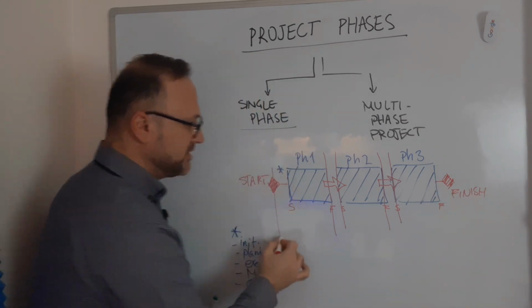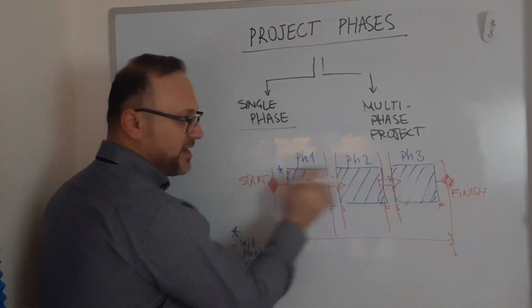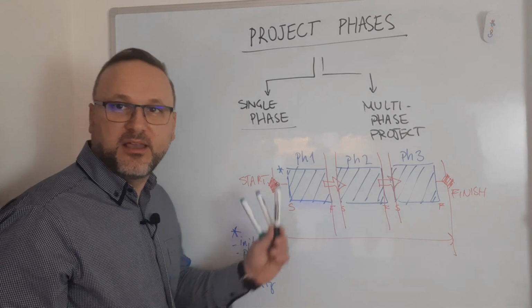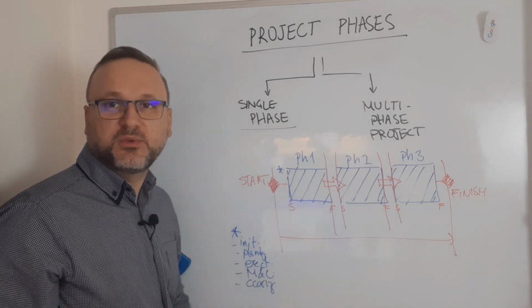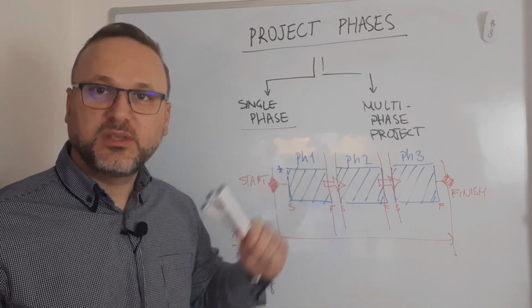So I have a project timeline to start here, finish here, and I have 3 phases. This sequence of 3 phases, we call it sequential phases. This is one type.